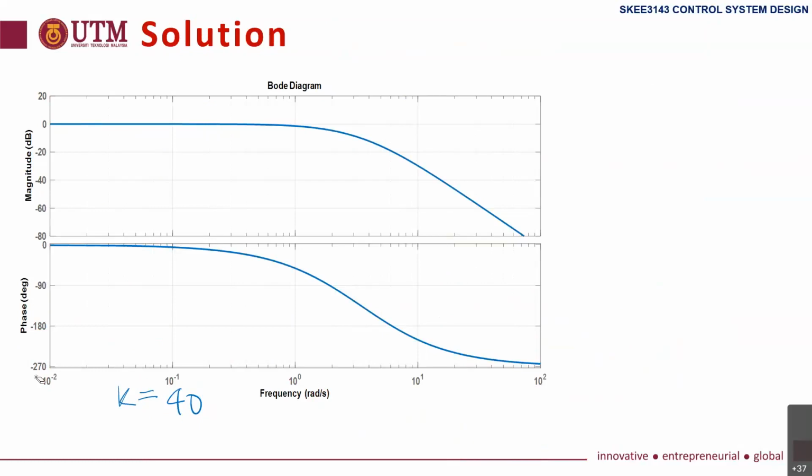Based on this, when K is 40, is the system stable? Based on the stability statement in the previous slide, is the system stable?